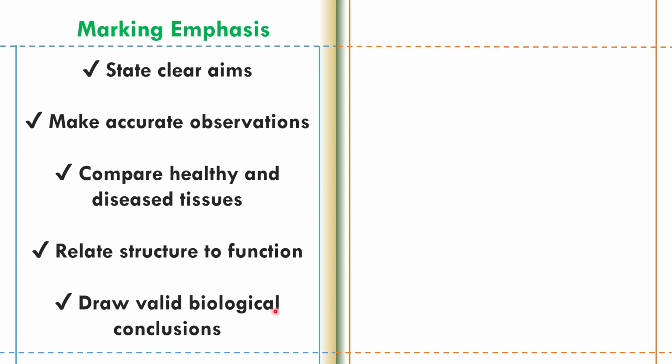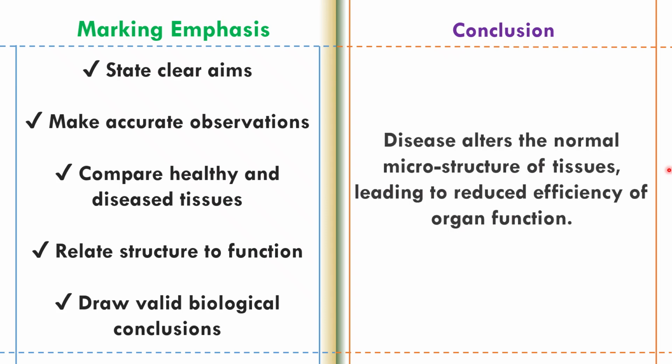Draw varied biological conclusions. Conclusion. Disease alters the normal microstructure of tissues, leading to reduced efficiency of organ function.